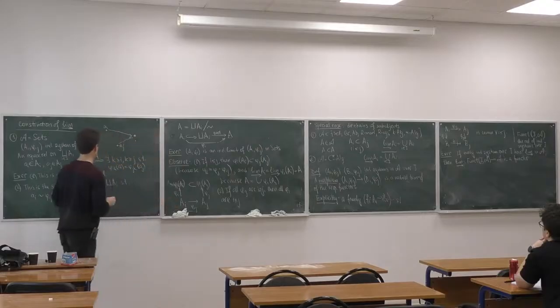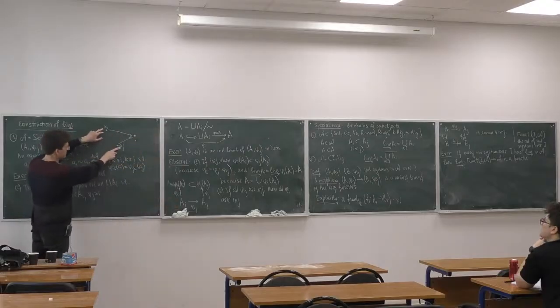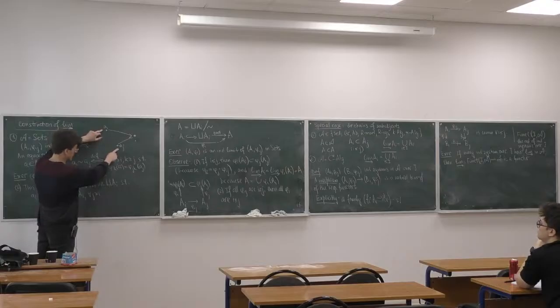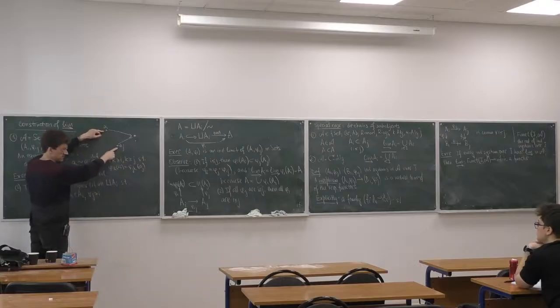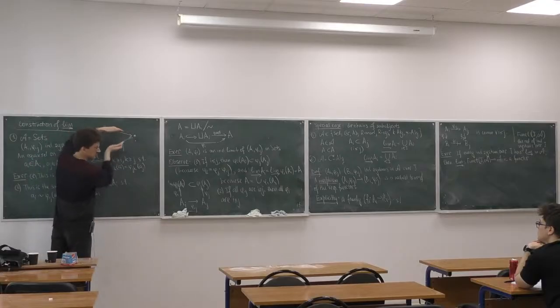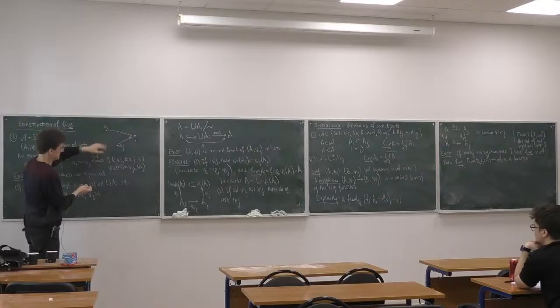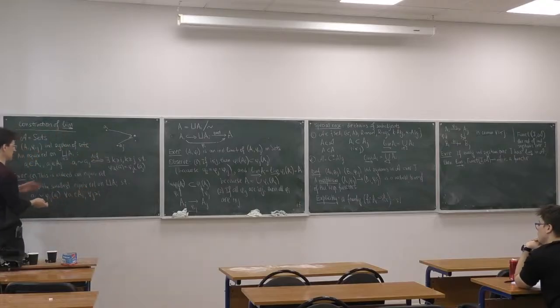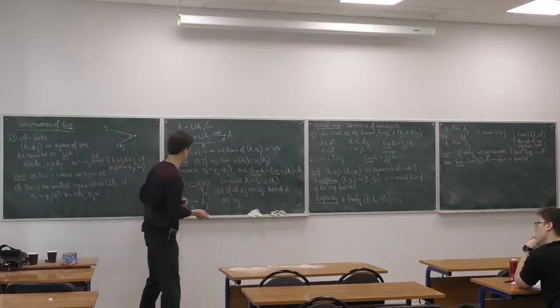Well, indeed, just look here. If i equals j, then such elements sit in the same set A_i, and such elements can never be equivalent unless they are equal, because this arrow is injective. So two different elements of the same A_i are not equivalent, and so phi_i is injective.